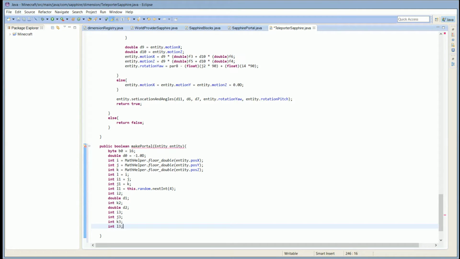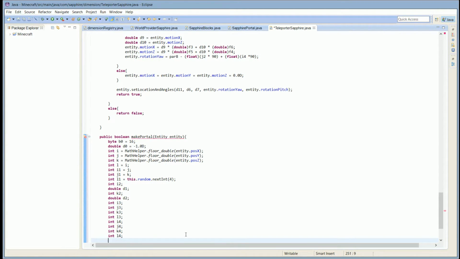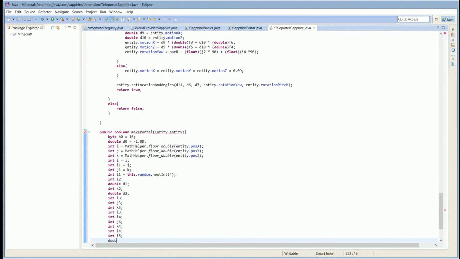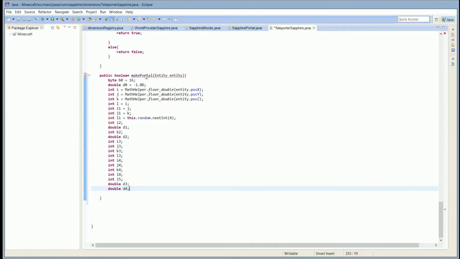Integer l3, integer i4, and then j4, k4, and then l4, and then i5, and then a double d3, and a double d4. Whew, okay. There are all of our integers to begin. All of our integers are here.